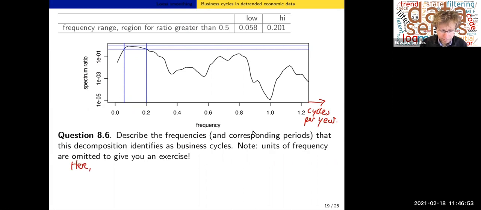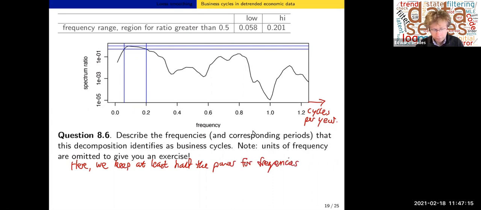Maybe say here, we keep at least half the power for frequencies with cycle length between, well, the high frequency is 1 over 0.201, which is approximately 5 years.